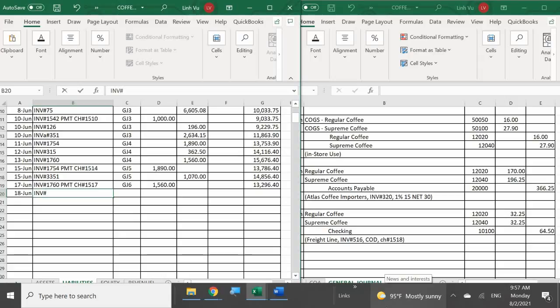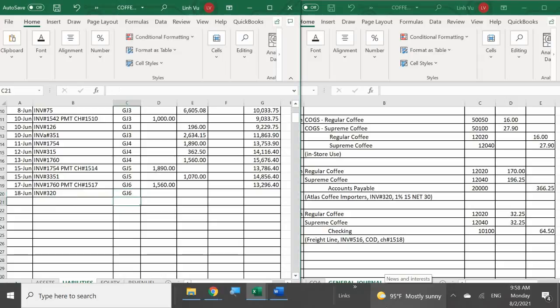Did I use accounts payable to pay for my freight? You spent cash, correct. What did I use accounts payable for? Some money that you owe out. Who do I owe? You owe Atlas Coffee Import, so it'd be invoice 320. Good. All right.